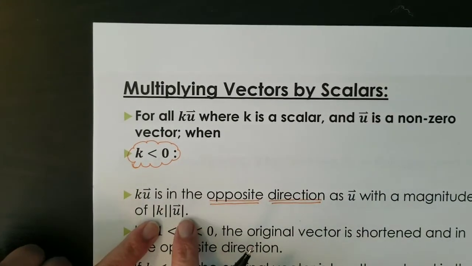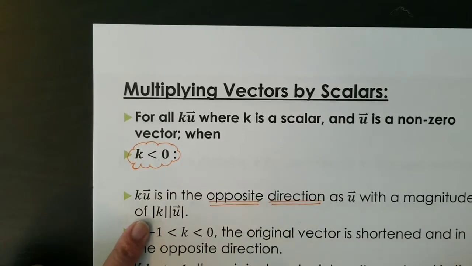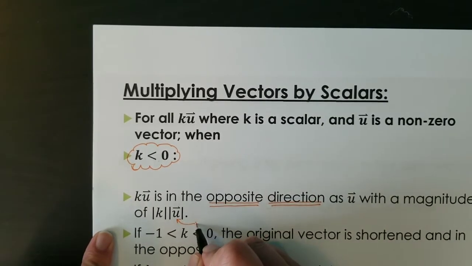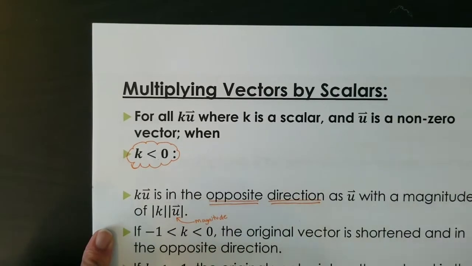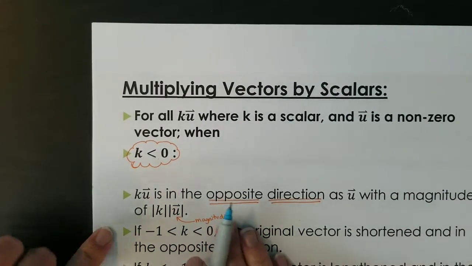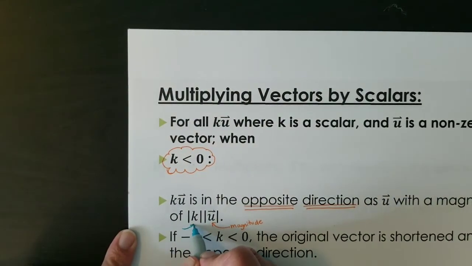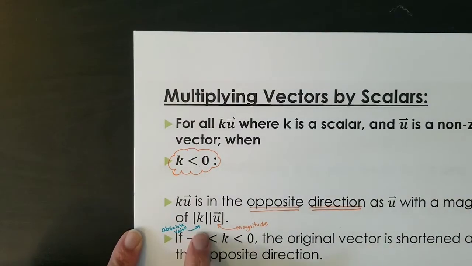So the magnitude, just to note here, these absolute value signs, this is magnitude, and these same signs that look like magnitude signs, if they're around a real number like that scalar, this is the absolute value, which you've probably seen before, and that just means that it's the positive value.